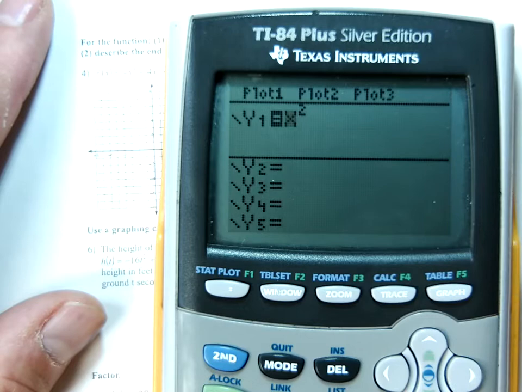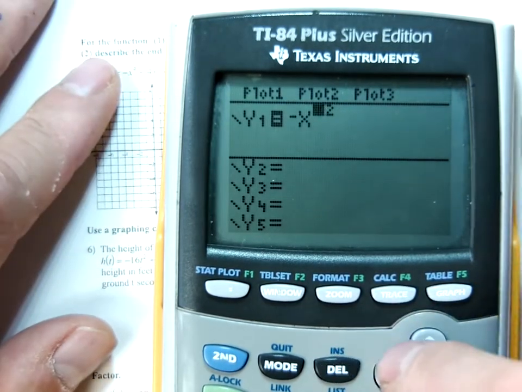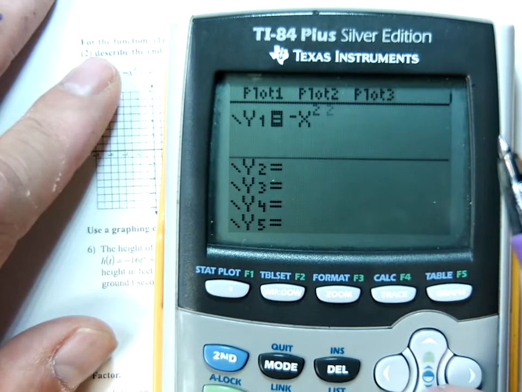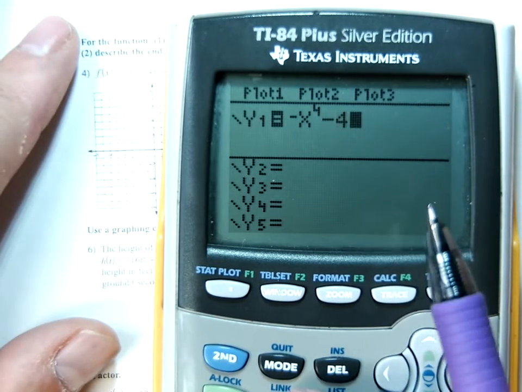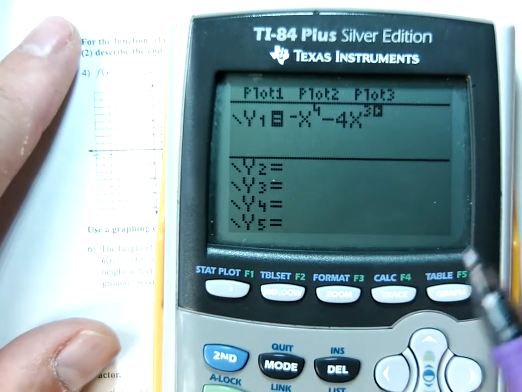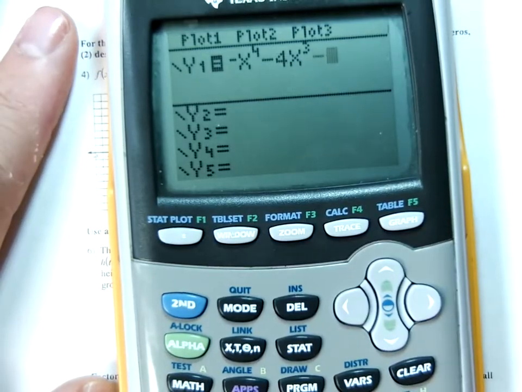So I can enter negative x to the fourth minus 4x to the third minus 6x squared minus 4x minus 1.